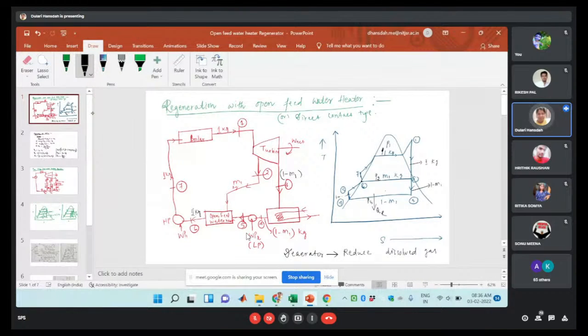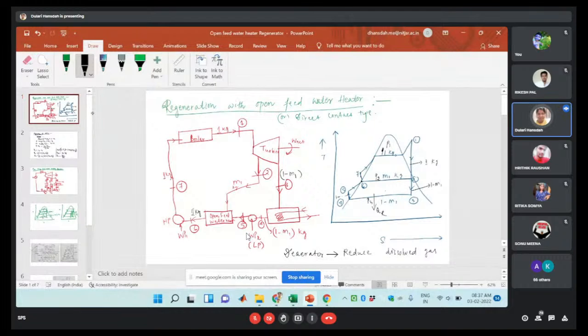But whatever output we get in this regenerative cycle is more than the simple Rankine cycle. That is why it is preferable, because we get more efficiency as well as a slightly higher specific output from the turbine than the simple Rankine cycle.